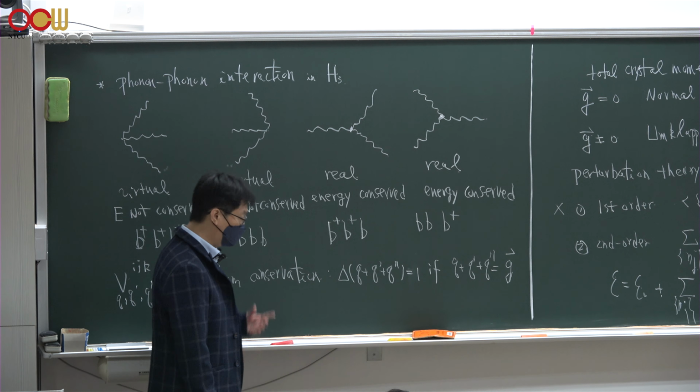In your solid state 1 course, you should be familiar with these terms, that in some cases we get normal processes, and in other cases we get Umklapp processes. I will explain what we mean by Umklapp processes later, but let's just do perturbation theory to estimate the energy change due to this third-order potential.